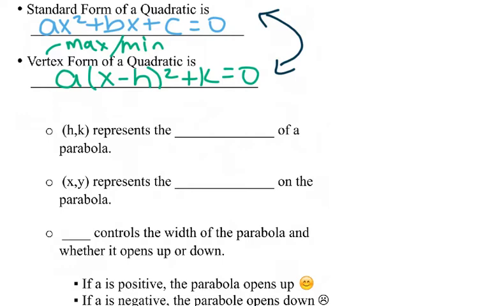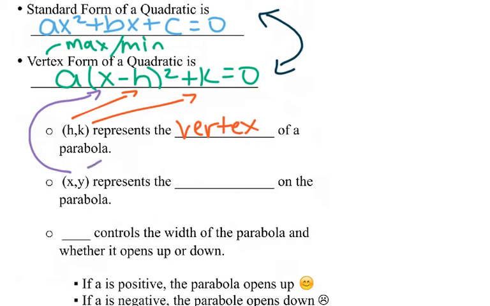Okay. So when you're talking about h right here and k right here, that represents the vertex of the parabola. And when I'm talking about the x right here, and sometimes there's a y right here, that represents a point on the parabola, so any point.